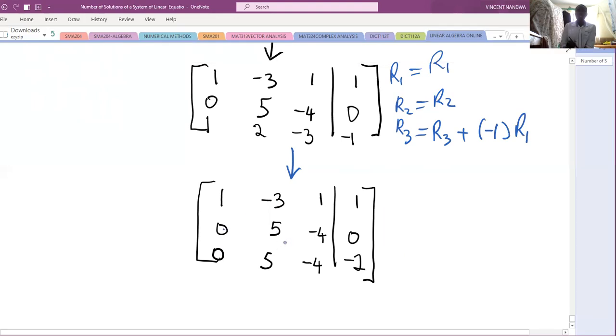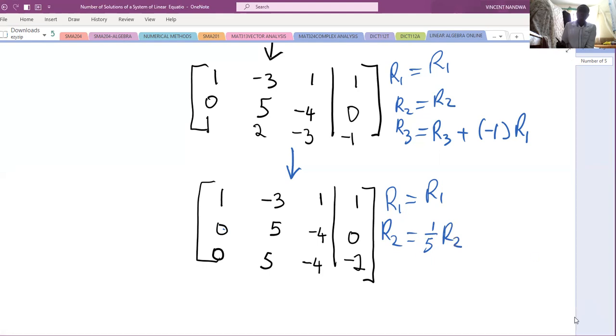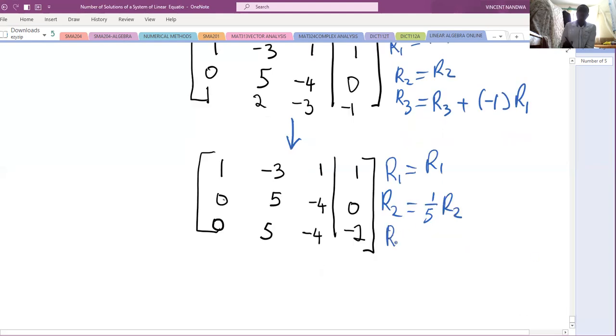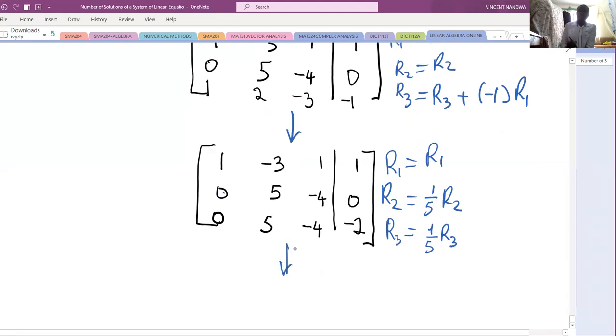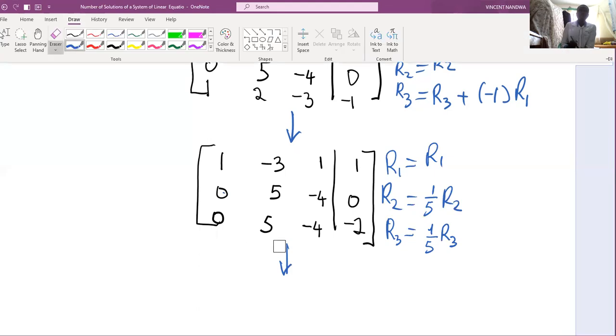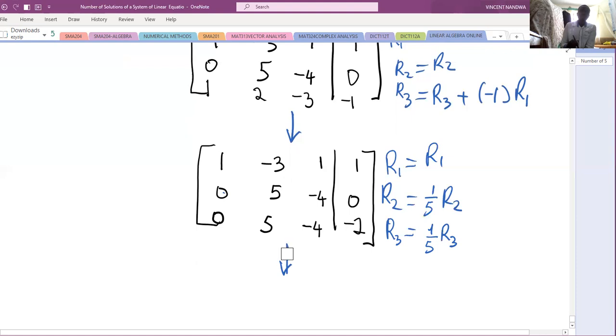So next step is just now to ensure that we make this 1. So you say row 1 to be row 1, and then row 2 to be 1/5 row 2. And we can as well say row 3 to be 1/5 row 3, or we can as well just leave row 3 the way it is. Deal with row 2 first, adjust this step by step. So let row 3 remain row 3.